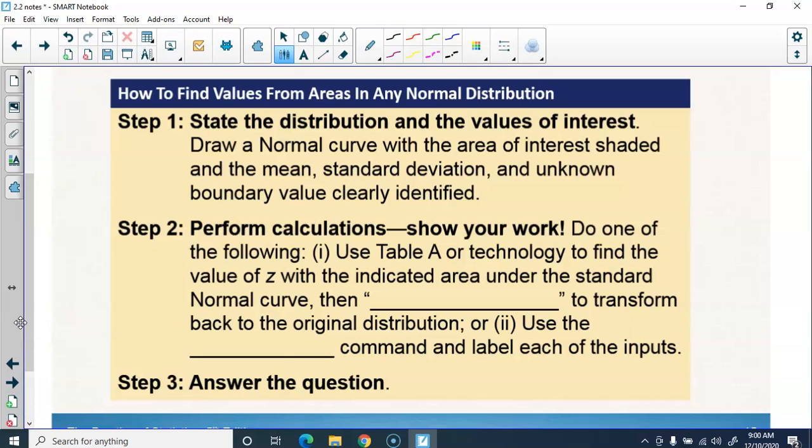Perform calculations, show your work, do one of the following things: use the table, which is what I'm going to stick with, and we're going to do what's called unstandardize to transform back to the original distribution if it wasn't just on the standard normal distribution, or use the inverse normal command and label each of the inputs.